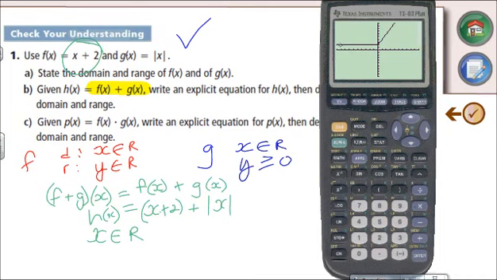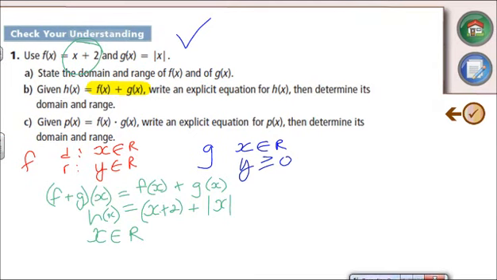Oh, look at that. 2, 2, 2, 2, 2, 2, 2, and up. If you need to, you can always look at the table as well and see what's going on here. Look at that. Everything is 2 up until 0, and then after that it goes up. So that tells us that our domain was xer, but our range, whenever x was less than or equal to 0, h at x was equal to 2.